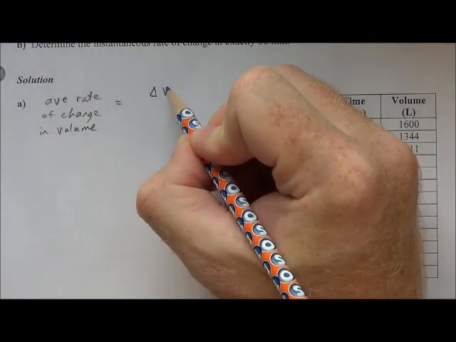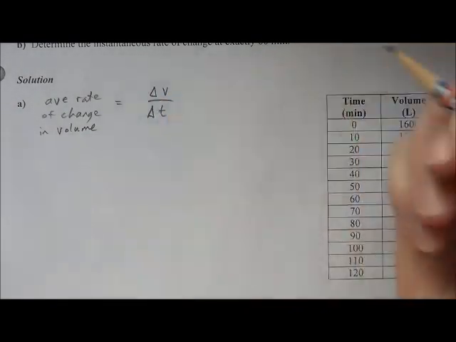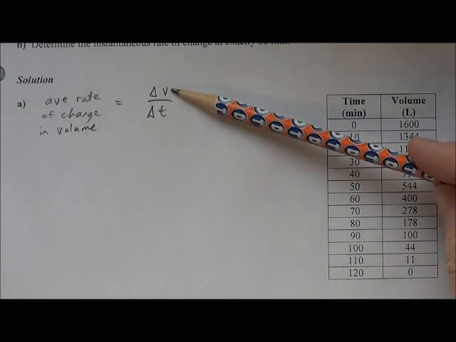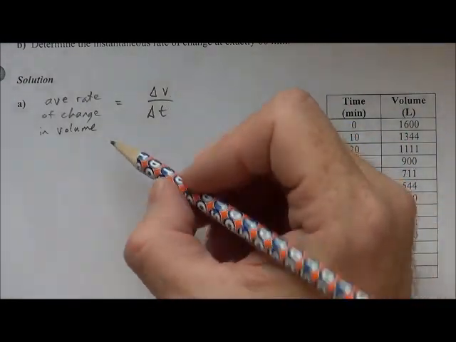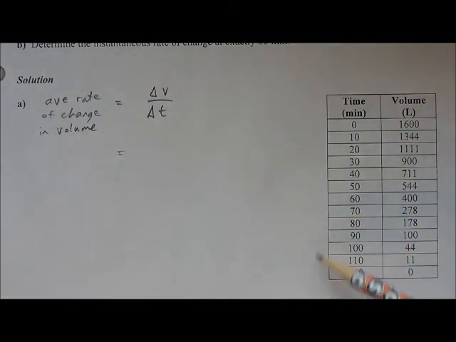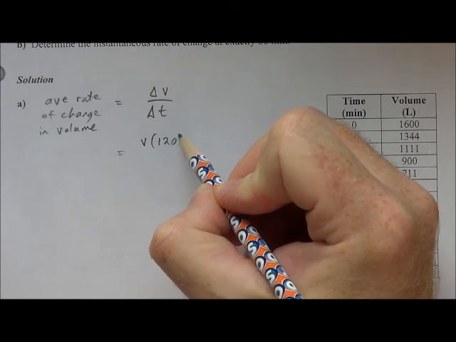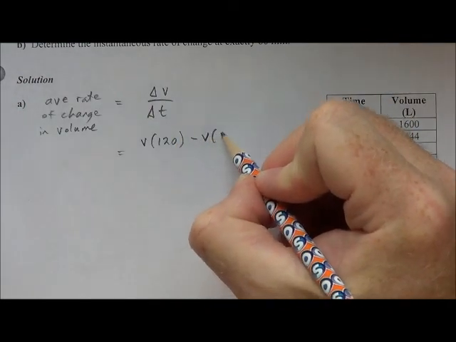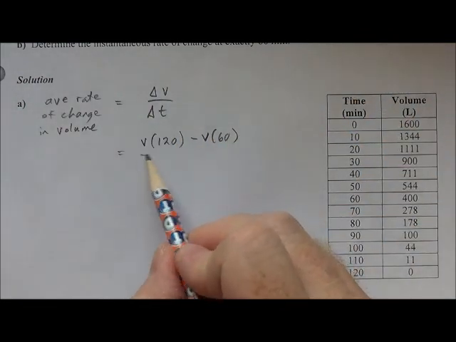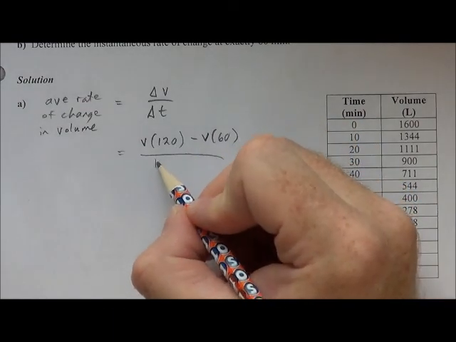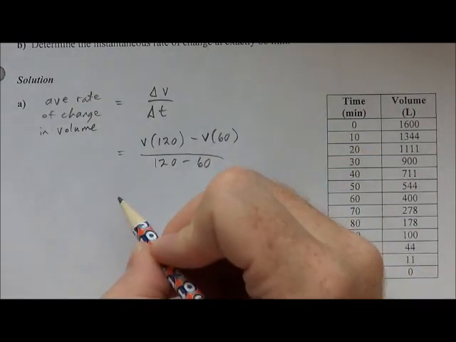And we see that that's going to be delta V over delta T, the rate of change of volume over time. And if it's in the second hour, what values are going to be used in the second hour? V of 120 minus V of 60 all over 120 minus 60.